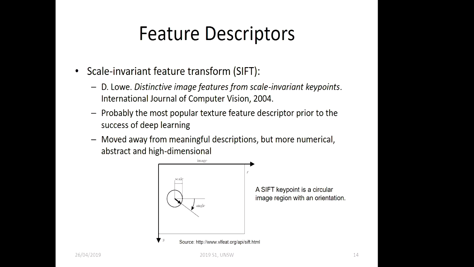You can use it pretty much for any type of images, for any type of applications. And even if you do deep learning, you might want to combine deep learning with SIFT. It's a very elegant way of representing the images. But it's actually quite complicated, so I will just go into a very general understanding of this feature descriptor.